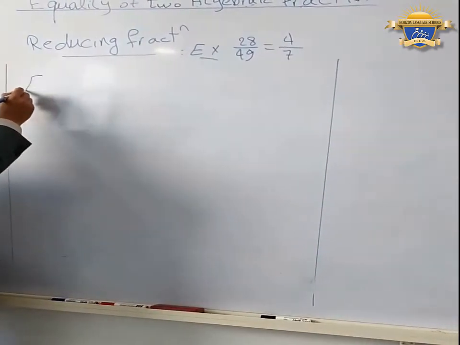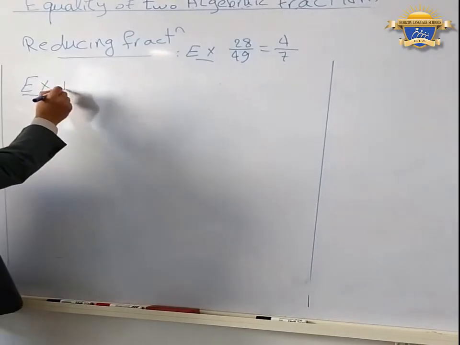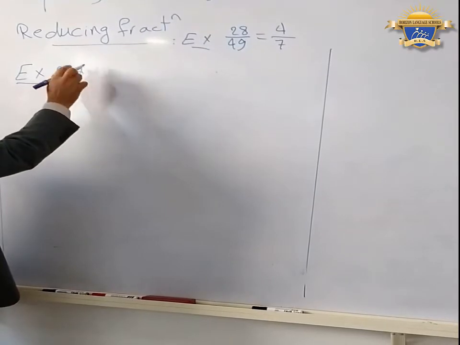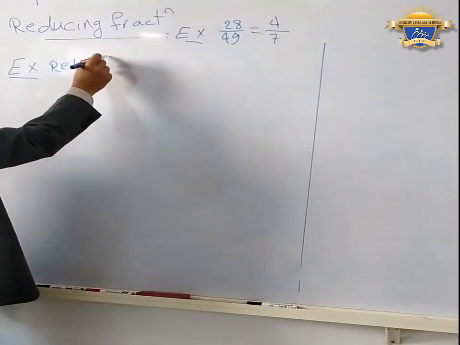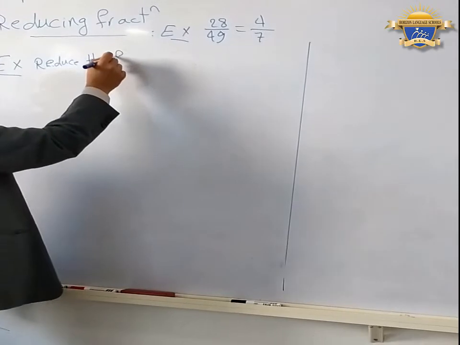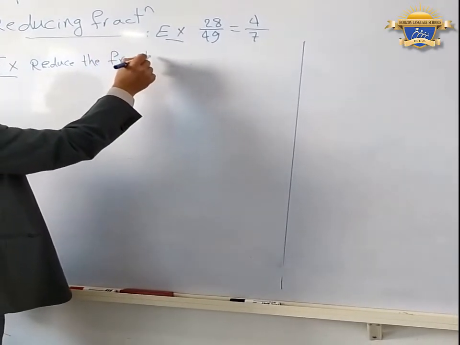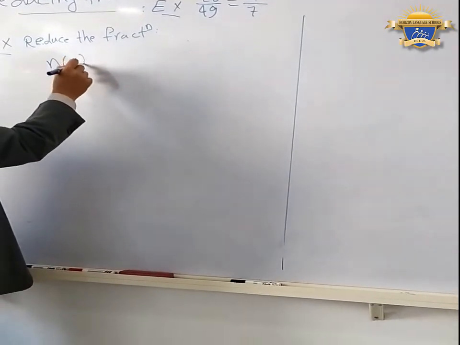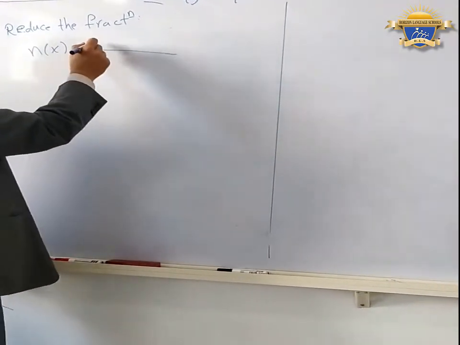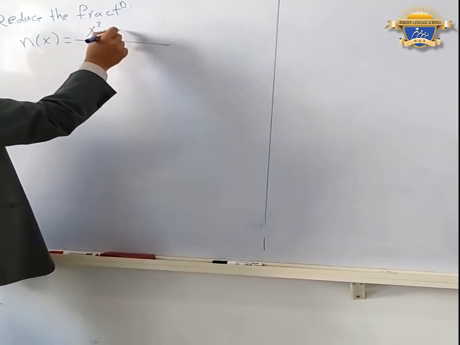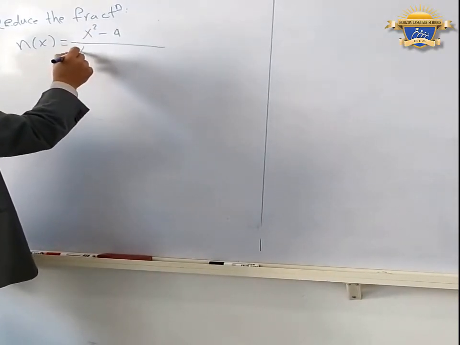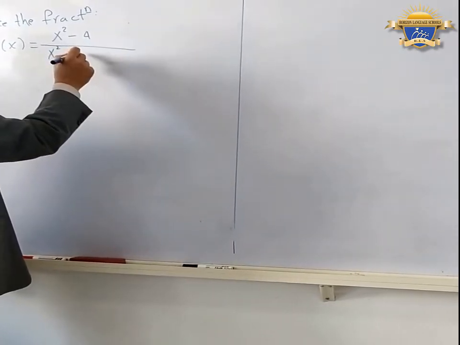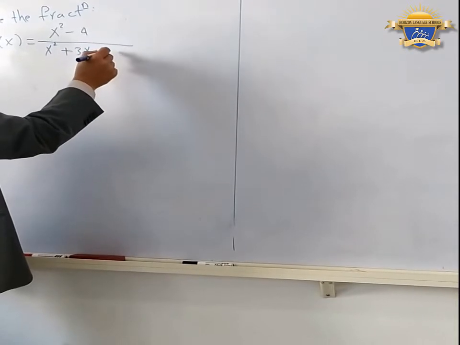For example, reduce the fraction n of x equals x squared minus 4 over x squared plus 3x plus 2.